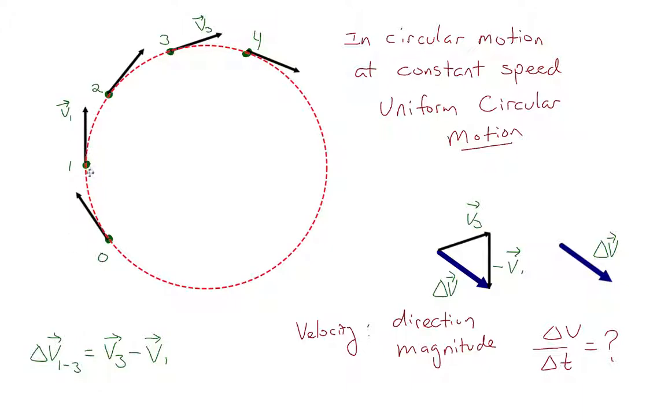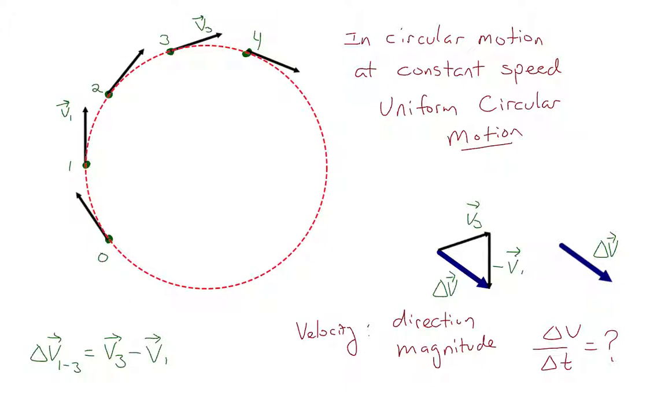So here is our v initial, the velocity at time 1 second, and our v final will be the velocity at time 3. Here is our v final. And then delta v from time 1 to 3 will be the velocity at time 3 minus the velocity at time 1.